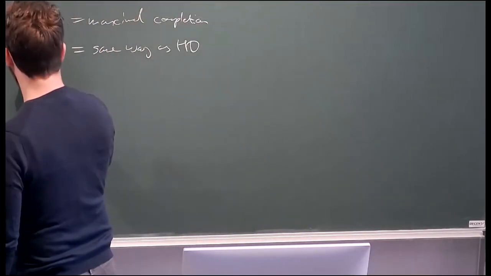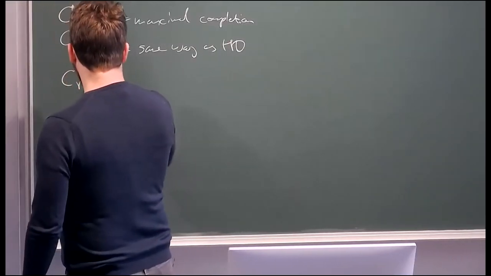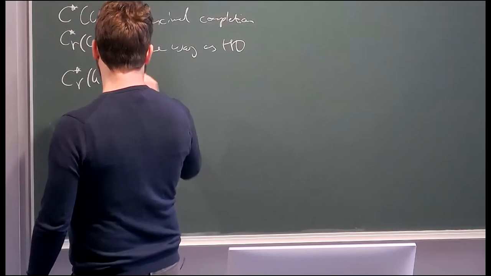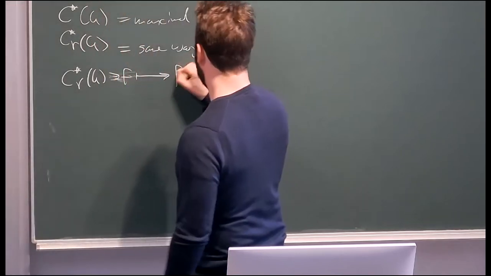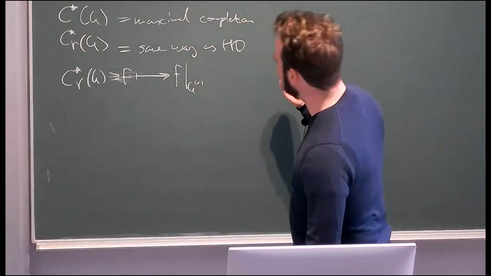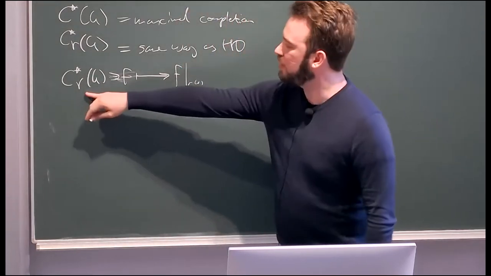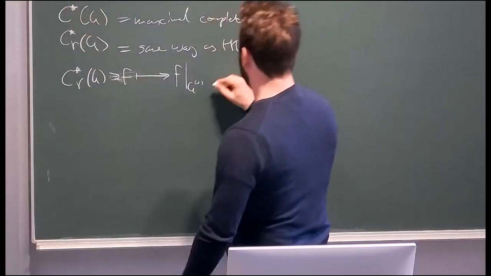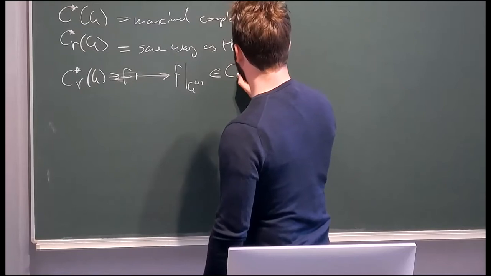What if I take something in here and take F in here, and then I just restrict it to the unit space. Like I mentioned, objects in here may no longer be continuous. So what you get in here is not necessarily something in C0, G0.